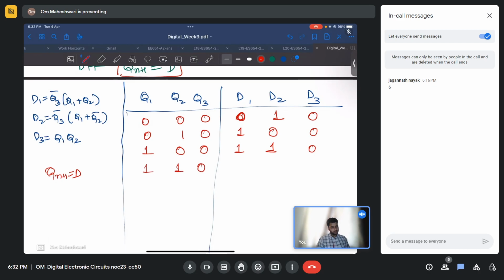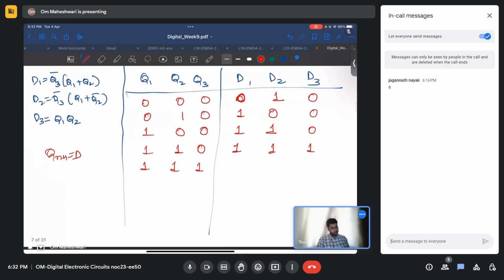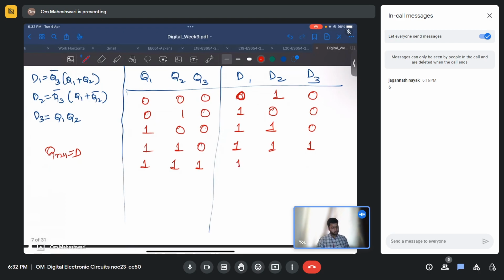Now what will be D1? Q3 bar is 1, and these two are 1, so D1 is 1, D2 is 1, D3 is 1, since Q1 and Q2 are 1. So the next state will be 001.